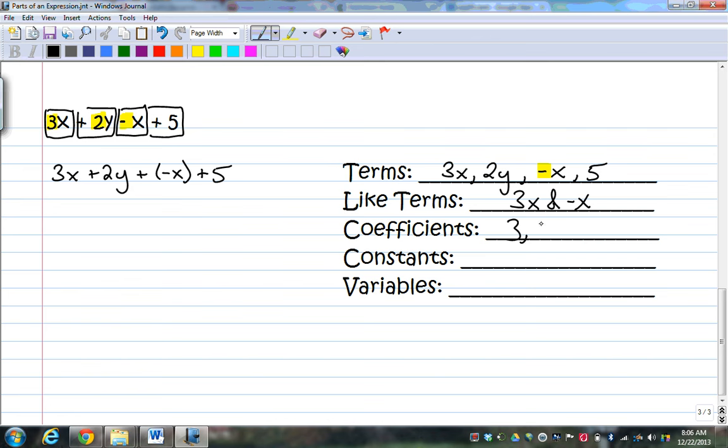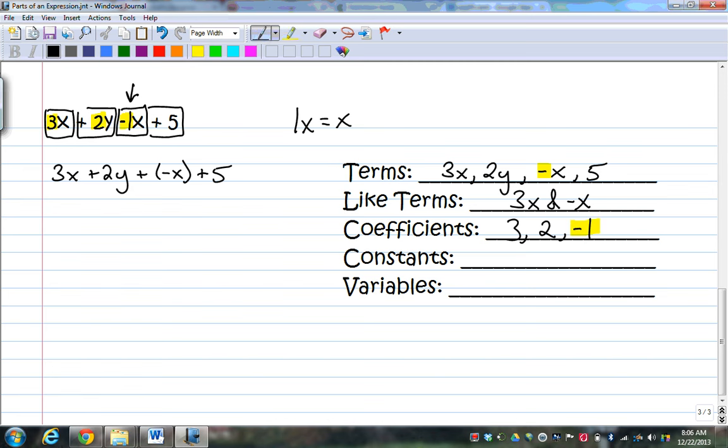So I have 3, 2, and then what's in front of a variable? Remember that if we don't have a number written there, it's the same thing as having a 1. Because 1 times x is just x, so we don't write it. We don't put it in there, but it is there. So the other coefficient then is a -1. That is another common student thing to miss.